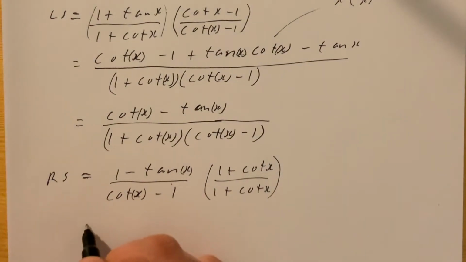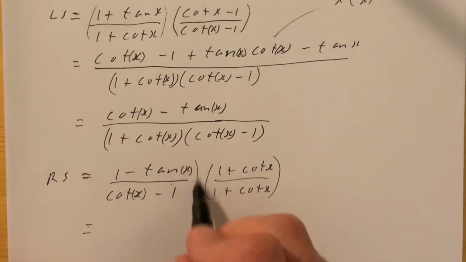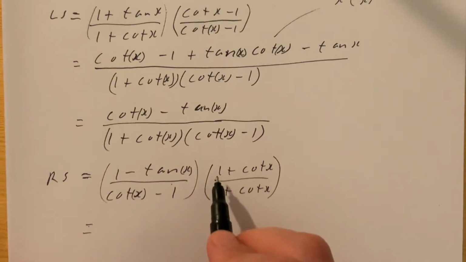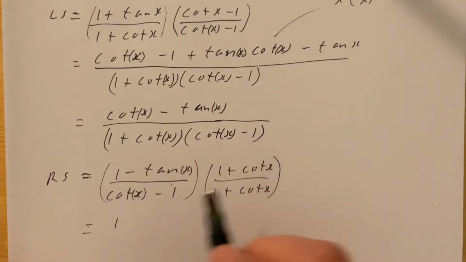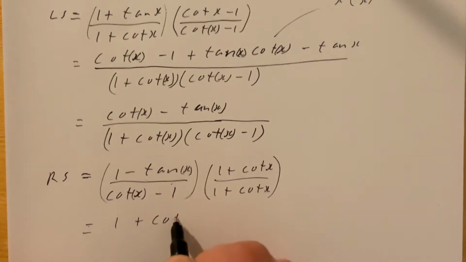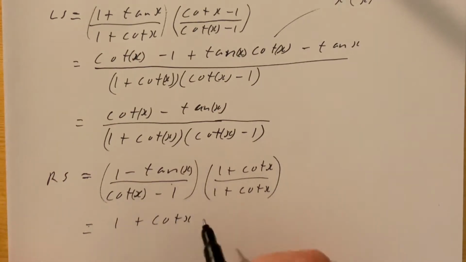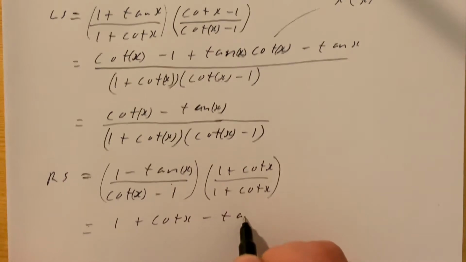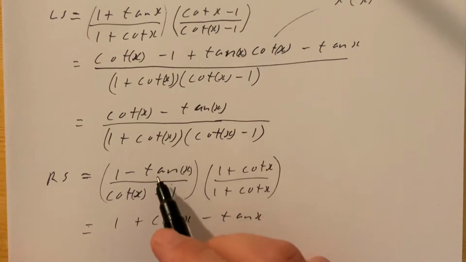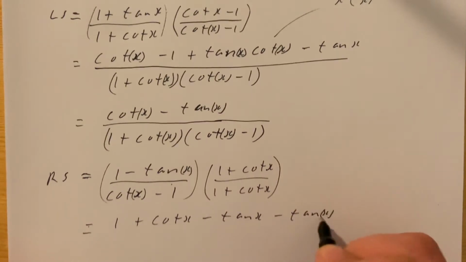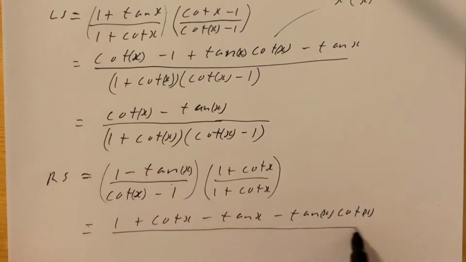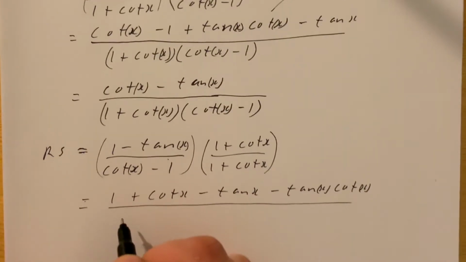Okay, so when I multiply this out, on the top, I'm going to get 1. And then I'm going to get plus cotan x. Okay, minus tan x. And then minus tan times cotan, all over the bottom.